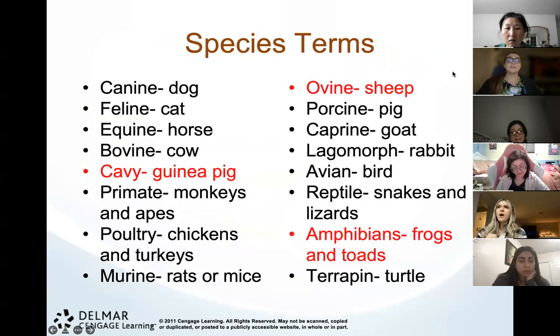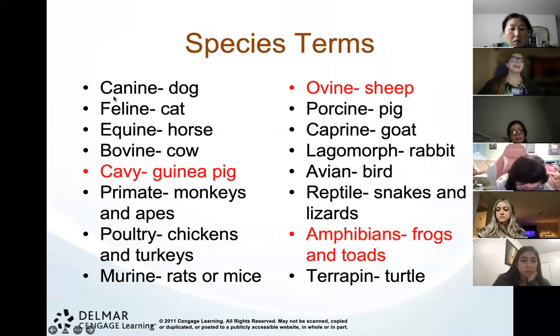Now I'm going to get into some species terms. So we all know common names for animals: dog, cat, horse, cow, but we have scientific animal kingdom names for them, such as canine, feline, equine, bovine. So these are their scientific names, and you are expected to know these as veterinary assistants. Now, mainly, you guys are going to be working with canines and felines, which is our dogs and cats.